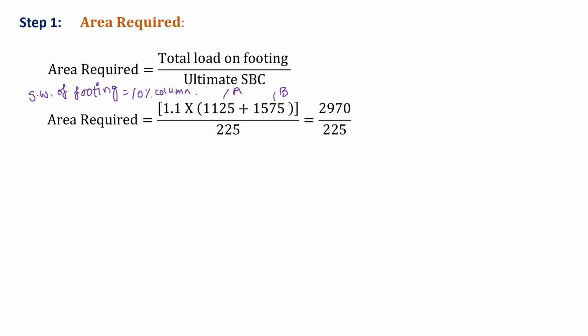So 2970 upon 225 gives 13.2 meter square.